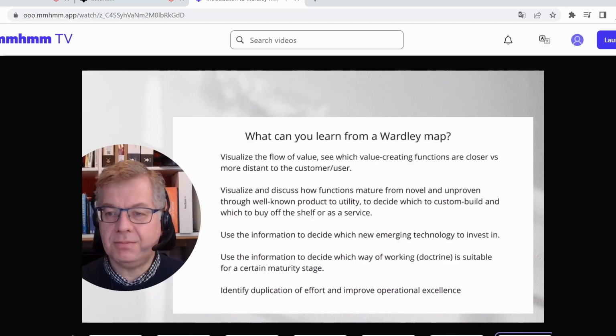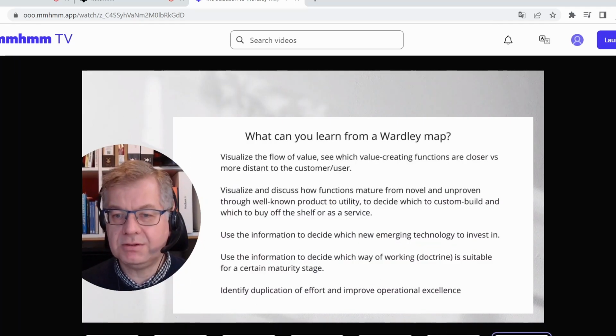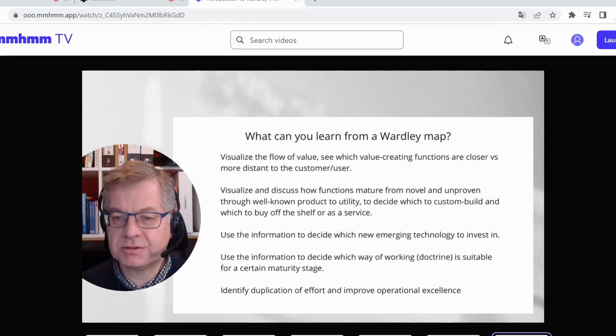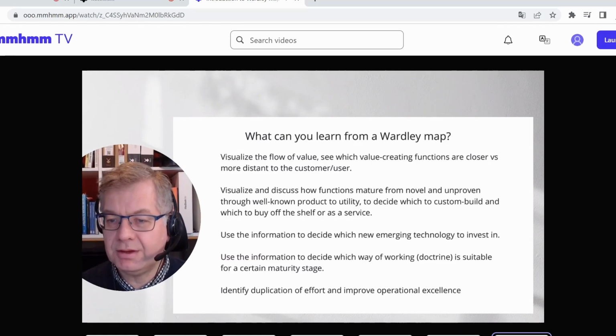So what can you learn from a Wardley map? You can use it to visualize the flow of value, to see which value creating functions are closest versus more distant to the customer and user. Visualize and discuss how functions mature from novel through well-proven product to utility.